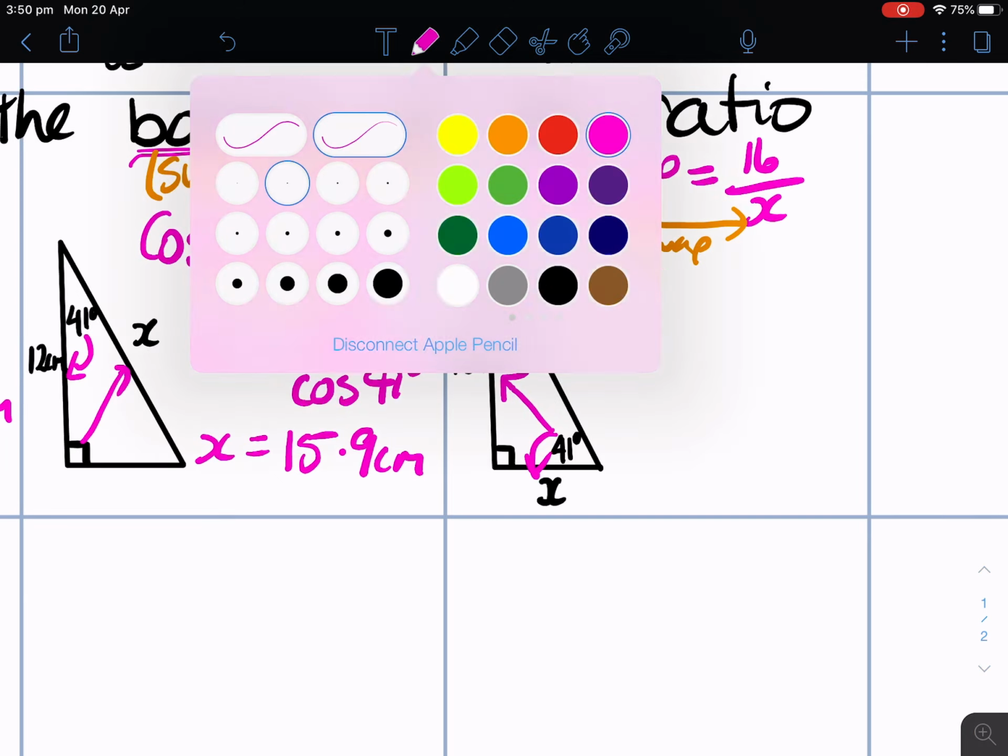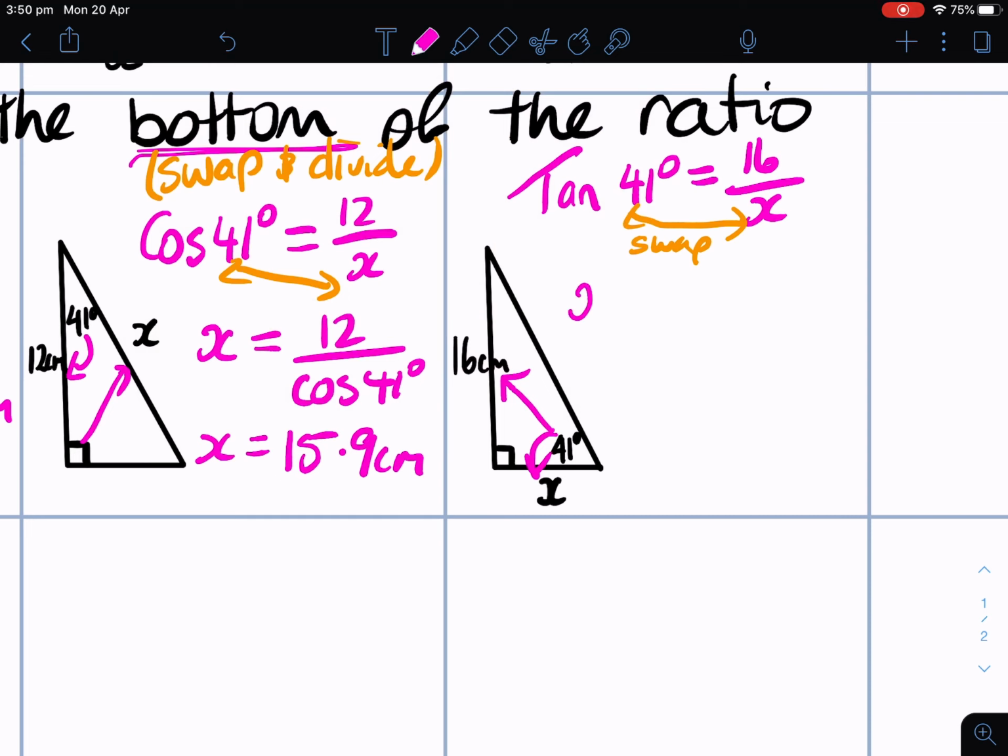Okay, and then we just rewrite it so the x is over this side, and we're going to go 16 divided by tan 41 degrees. Okay, pop it into your calculator, 16 divided by tan 41, and you will round that to 1 decimal place, which should give you 18.4 centimeters.